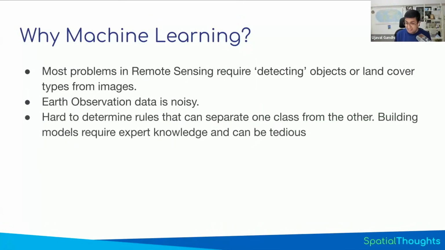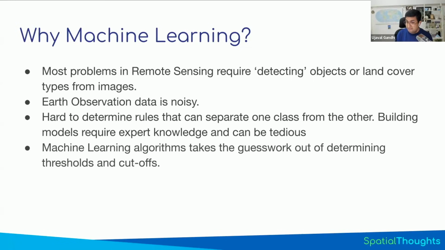And that's why machine learning is a great fit for Earth observation data, because machine learning is much more robust against this kind of noise. Instead of building all those rules to detect different objects based on the reflectance values or indices, you can just say, I will use machine learning models to determine how they can be separated from each other using some data as my learning object. Machine learning algorithms learn from data.